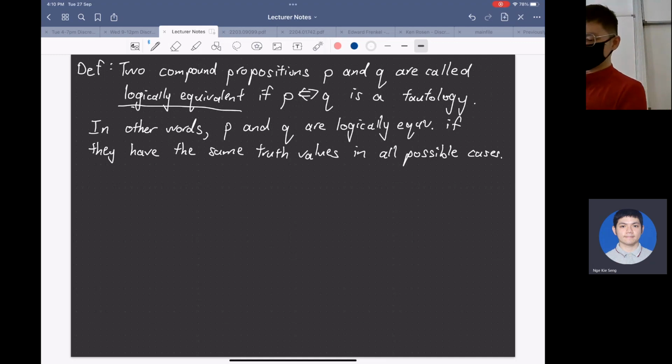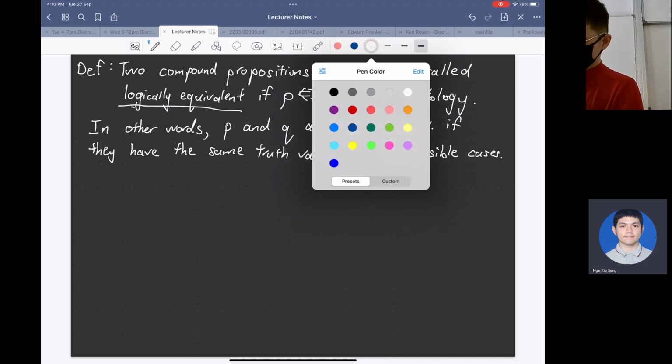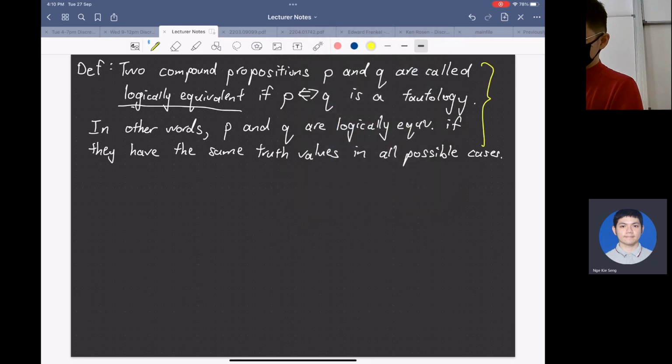One exercise you can do is to show that these definitions are equivalent.